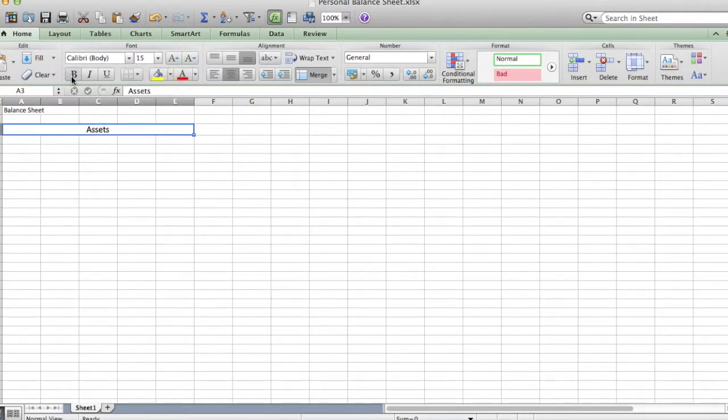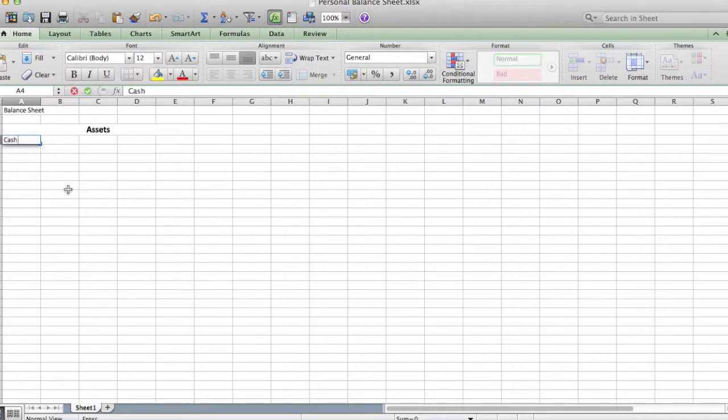Like I said, there are different types of assets. The first kind of asset that we want to focus on are cash and bank accounts. Why are these assets important? Well, cash can be turned into anything.